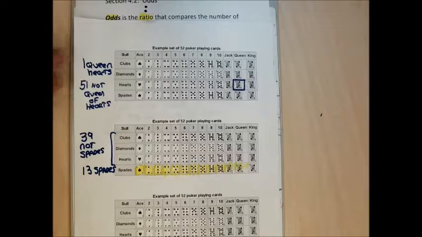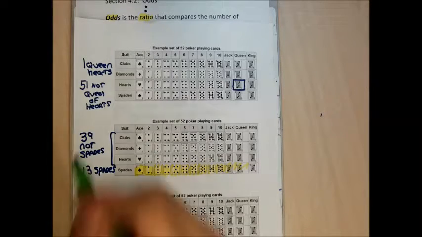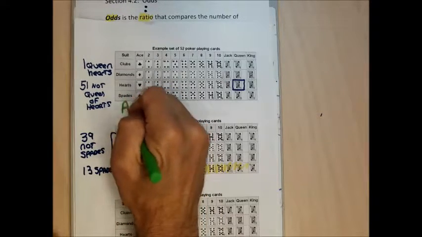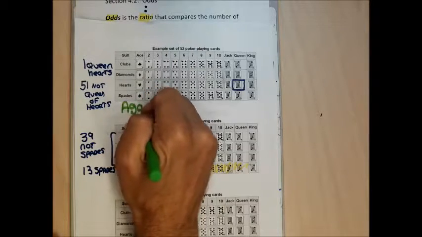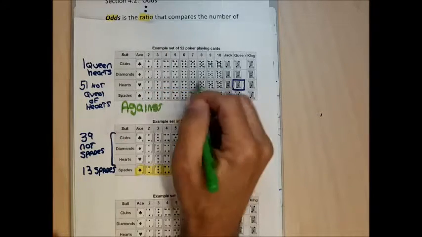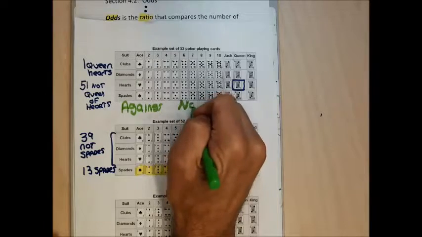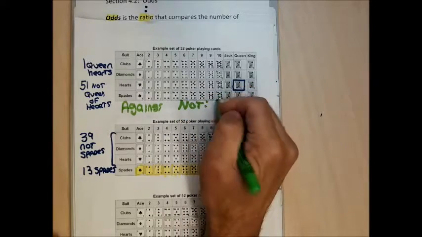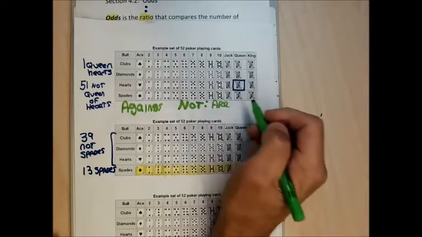Just like the 51 and the 1 were the numbers I used to compute my odds against selecting a queen of hearts. The big deal here is when you do the odds against selecting something, the not number goes first and the other number goes second.